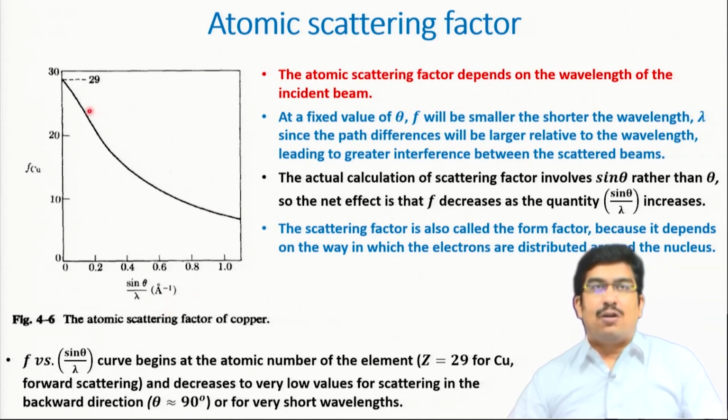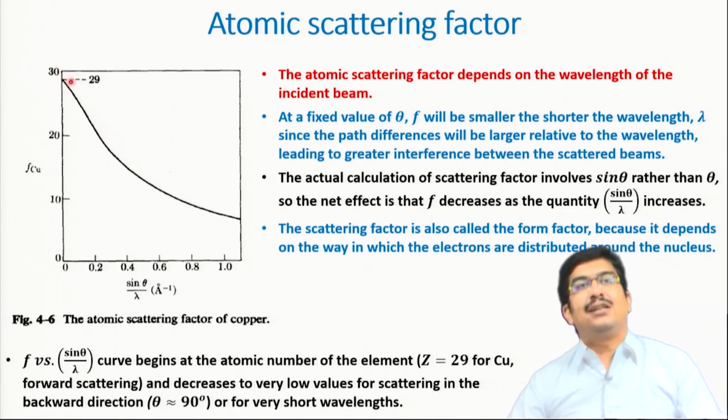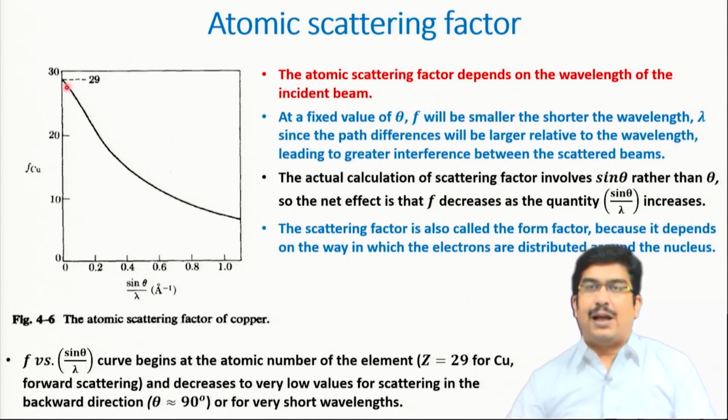Now if we see this variation of the atomic scattering factor with respect to sin theta by lambda, obviously in the forward direction, sin theta equals 0. That is the forward direction, and here the atomic scattering factor is equal to Z; for copper, Z equals 29. So at the forward direction, when sin theta equals 0, the atomic scattering factor equals the atomic number.